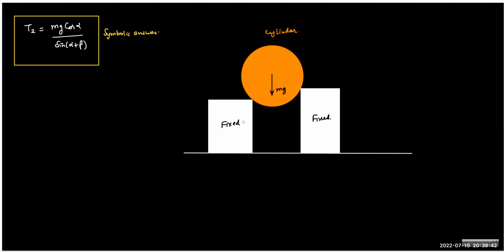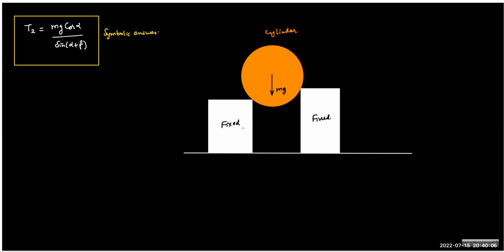So you can see there are some corners touching the cylinder, and whenever the corner touches the cylinder, it will create a force called the reaction force. We also call it normal reaction. But even if you don't know all this terminology, it is totally okay.